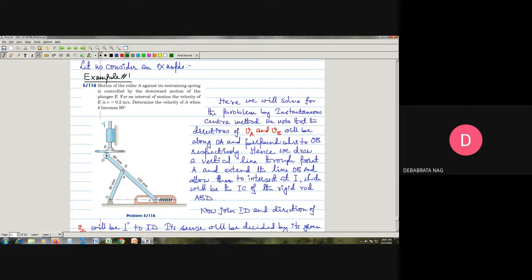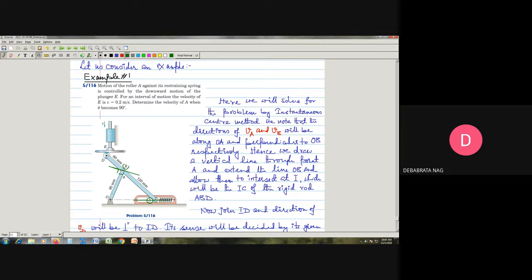We note that the directions of VA and VB are known. The direction of the motion for the point A will be along this horizontal line, and for the point B, the velocity direction will always be along this line, which is perpendicular to the line OB. So the directions of the velocities VB and VA are completely known.